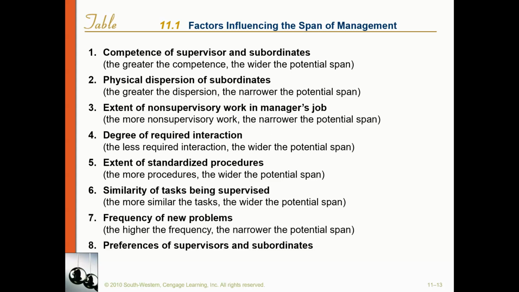If the employees are doing very similar tasks, number 6, you can see, we can manage more people because we don't need to know how to do as many things in case they have a problem. Another thing to consider when determining the span of management is the frequency with which new problems are brought to the manager's attention.